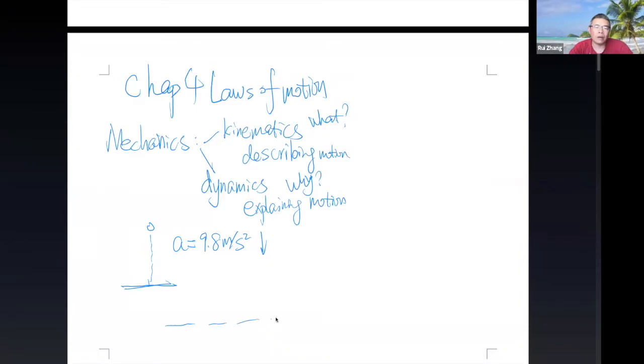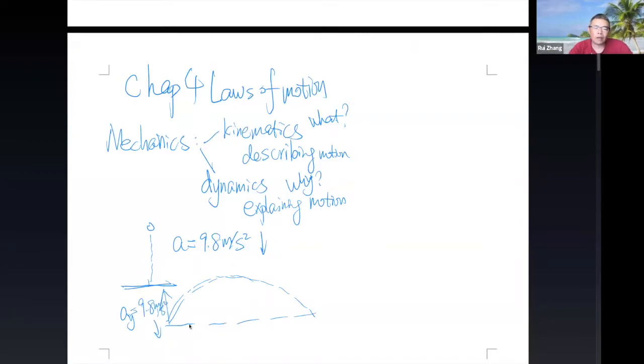Or another case, we talked about 2D motions, projectile motion. Something goes like this, a really nice parabola. We said we need to break it down into two motions, one along each direction. Along the vertical direction, it's constant acceleration, with a_y of 9.8 going downward.